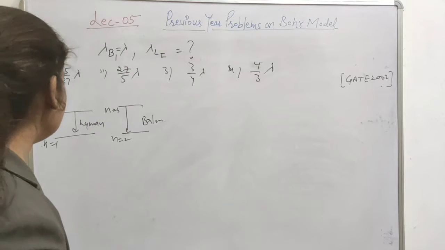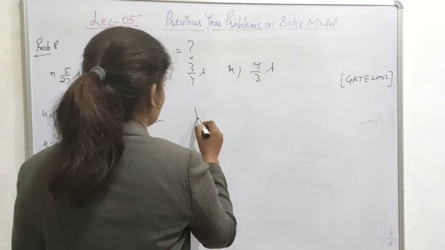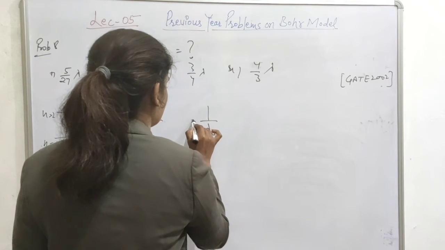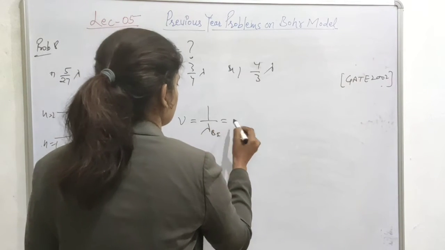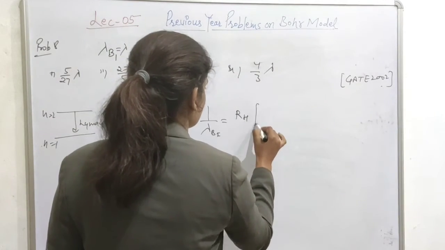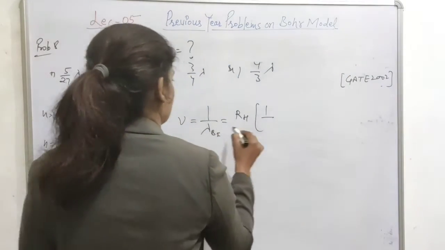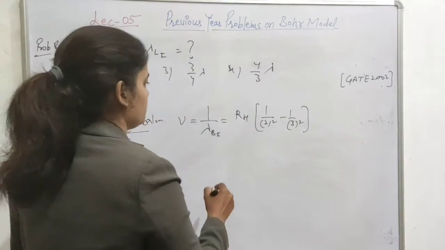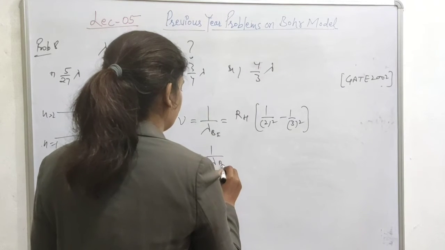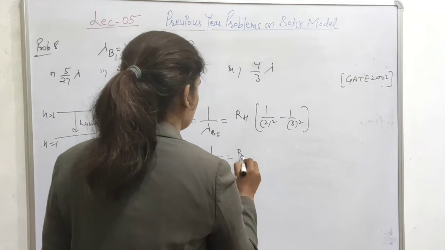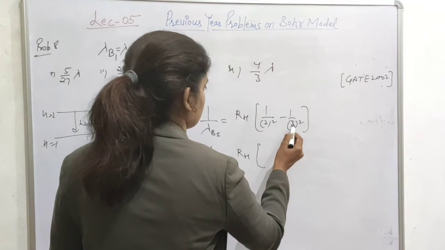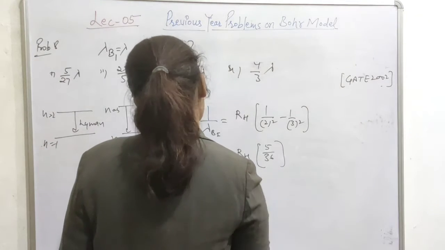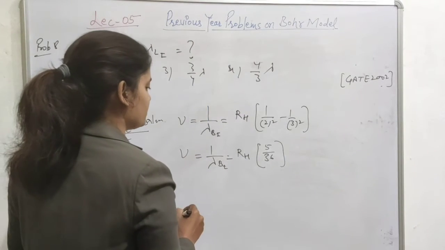So what will we write? 1 by lambda Balmer first line is equal to RH times 1 over 2 squared minus 1 over 3 squared. So 1 over lambda Balmer first is equal to RH times 9 minus 4, which is 5 by 36. This is for Balmer's first line.